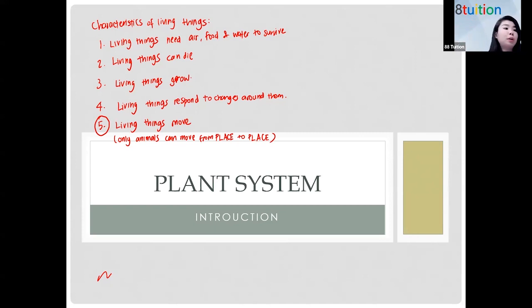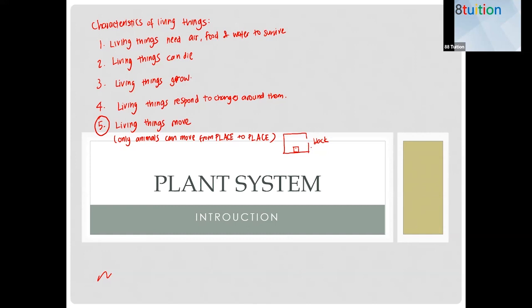Let's say if I were to put a plant in a black box. All right, I'm just going to draw it here. So this box is black, completely opaque, no light can pass through. I have a potted plant and I somehow make a hole at one side of the wall of the box.